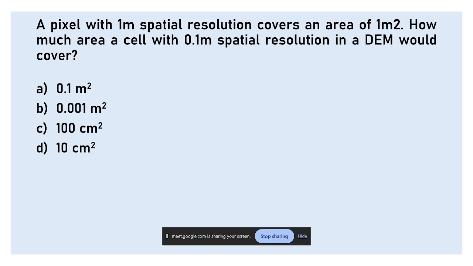A pixel with 1 meter spatial resolution covers an area of 1 meter square. How much area would a cell with 0.1 meter resolution in a DEM cover? This is direct, you don't have to spend much time thinking.